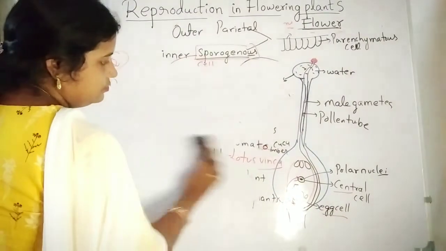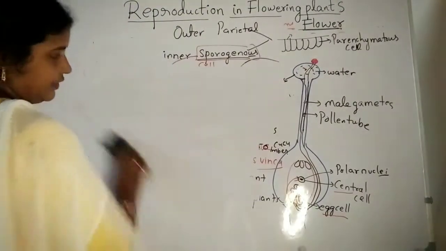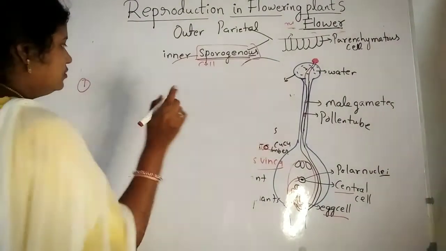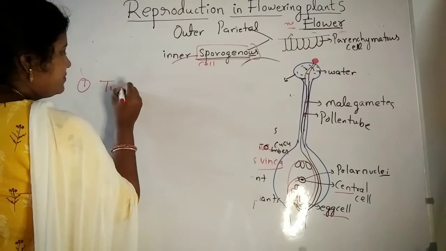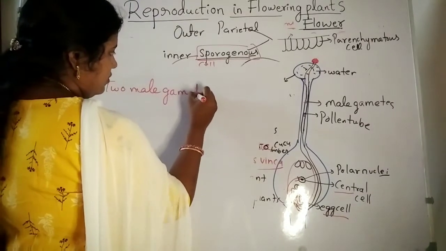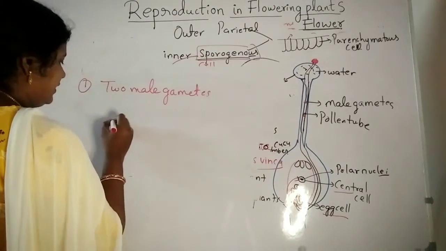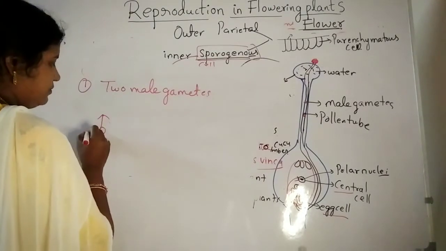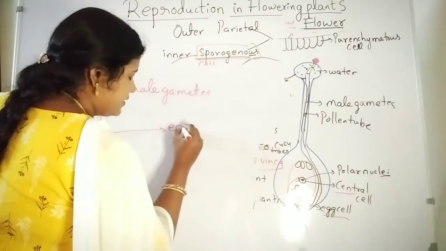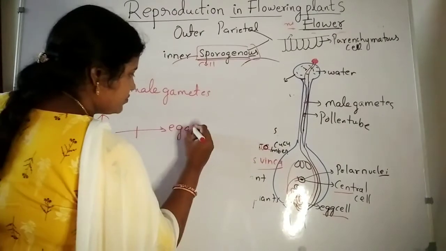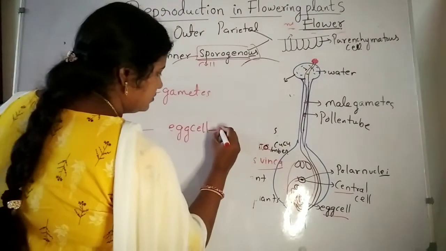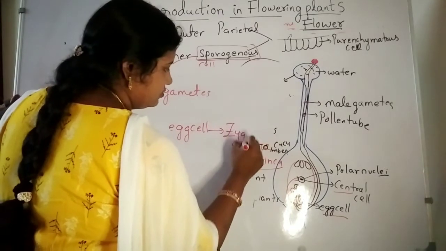In the fertilization process, two male gametes: the first male gamete is going to fuse with the egg cell and forms a zygote.